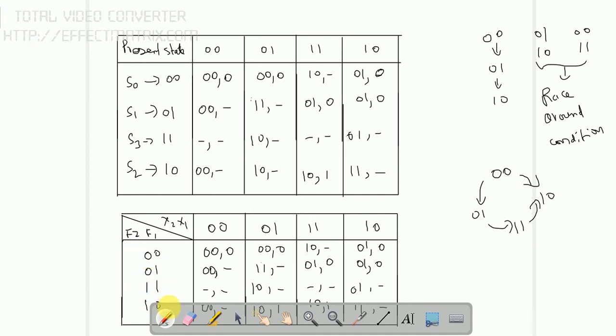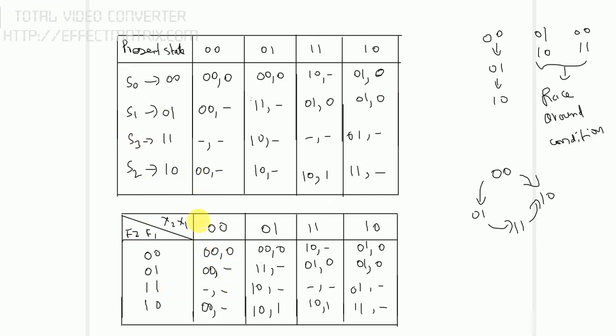So now in this table we are going to segregate this value. So this will be x2 x1 and this will be f2 f1. So I'm going to take this value as f2, this value as f1 and this value as output z. Okay, so I'm going to draw the Karnaugh map for f2 f1 z.